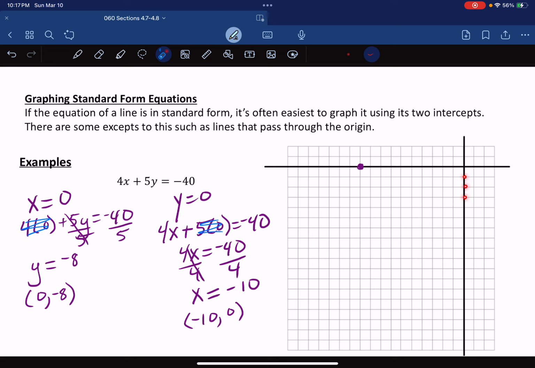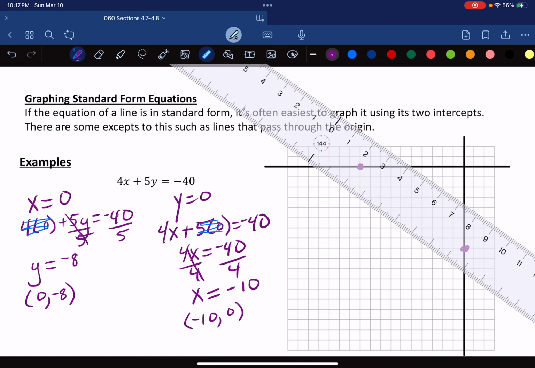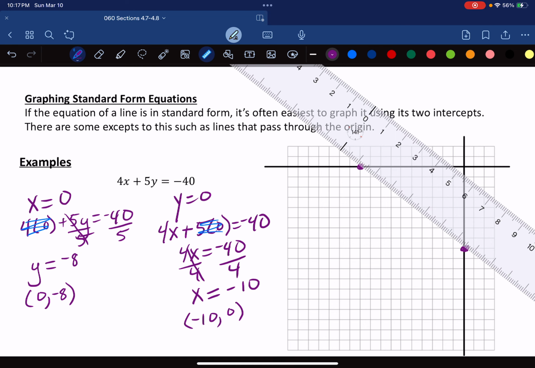One, 2, 3, 4, 5, 6, 7, 8. Not very straight on the points. There we go. It's a little bit better.